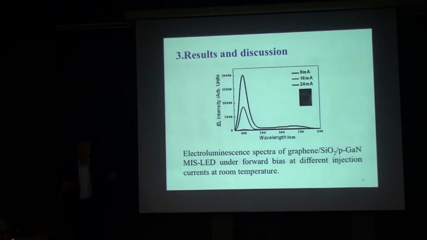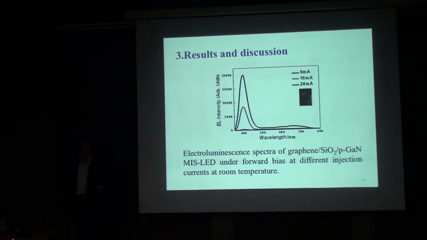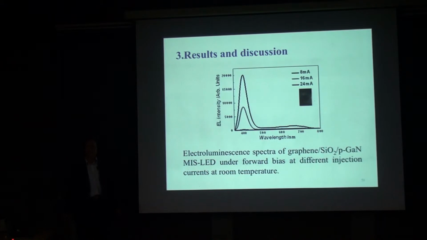After we make the device and apply an external bias, we are able to get the emission spectrum. This means that by applying an external field, we get light output. This is called a light emitting device.